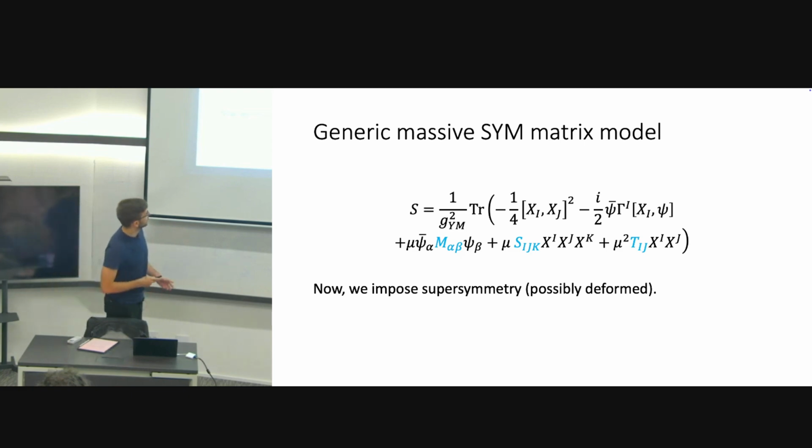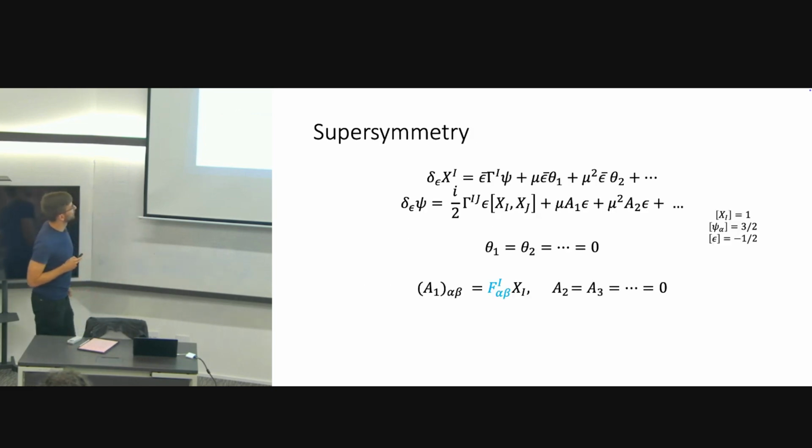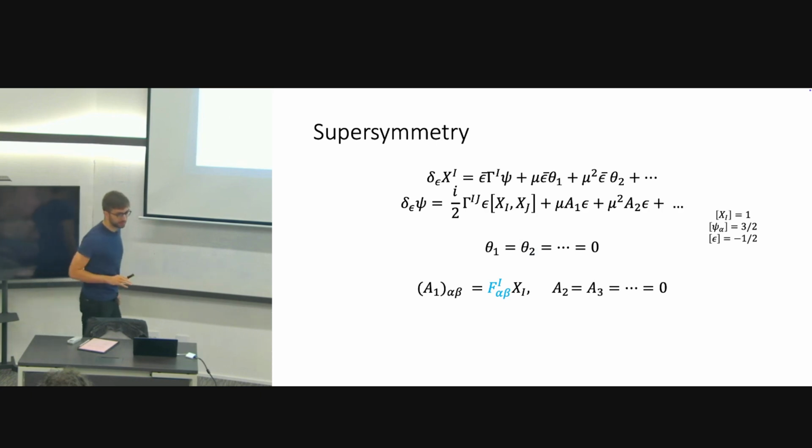Now, we require that this is invariant under 𝒩 supersymmetries. So the generic form of the supersymmetry is the following. This first term is the pure Yang-Mills matrix model supersymmetry transformation. And then I allow deformations of this transformation.